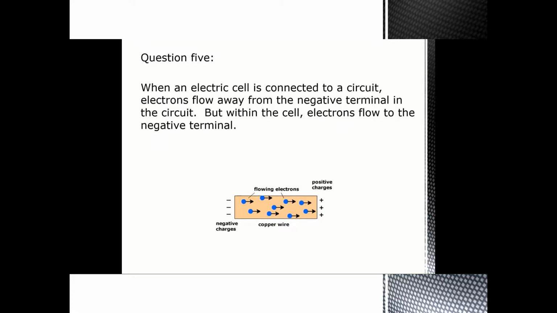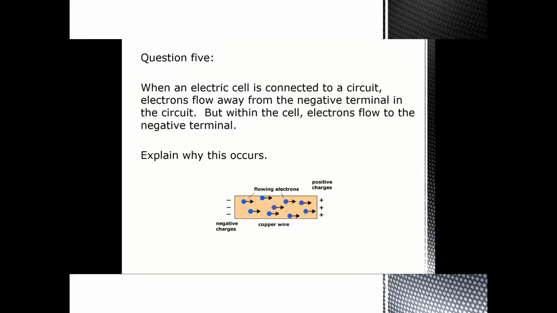So question for you. When an electric cell is connected to a circuit, electrons flow away from the negative terminal in the circuit. Within the cell, they flow to the negative terminal. So why would this occur? Electrons are negatively charged.